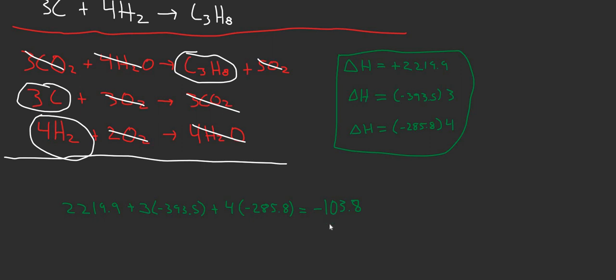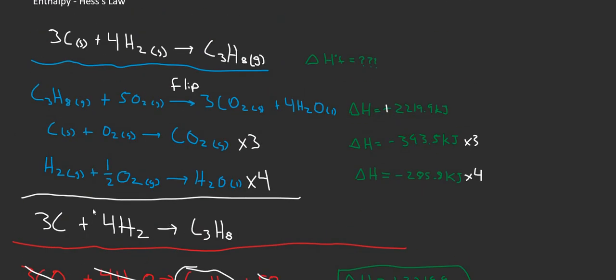So the delta H of this reaction here, we can erase the question marks now, is going to be negative 103.8 kilojoules.